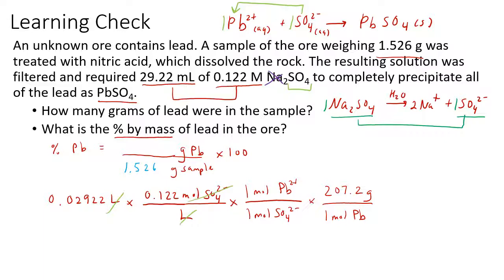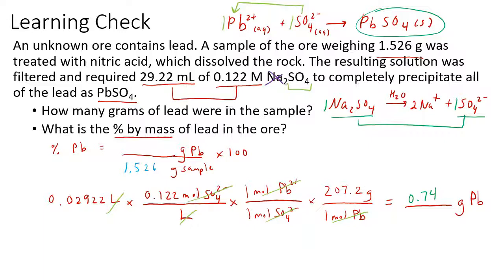Our moles of sulfate will cancel, our moles of lead will cancel, and this is how we'll find the mass or the grams of lead in our sample. When we calculate, we should get 0.74 grams of lead that was in our ore, and that's how much ended up in our solid lead sulfate.